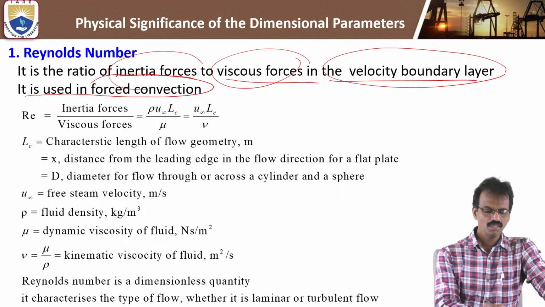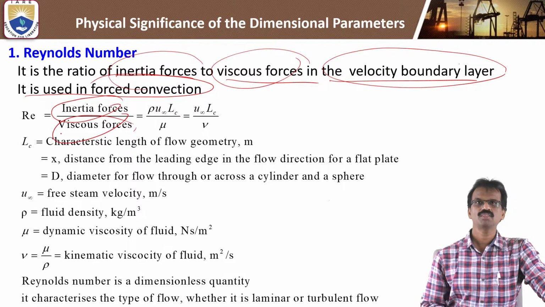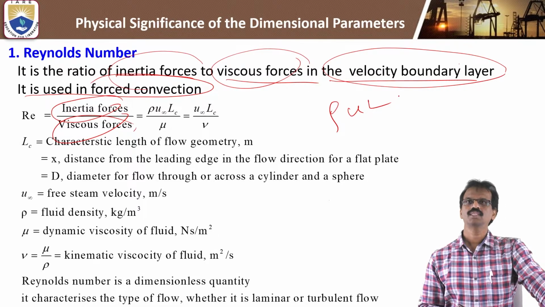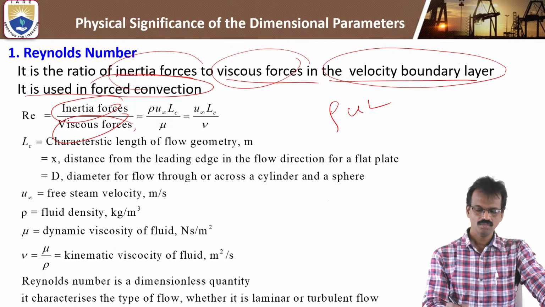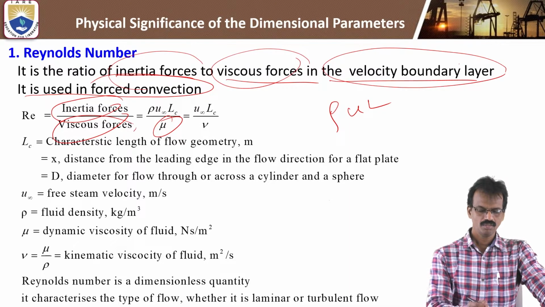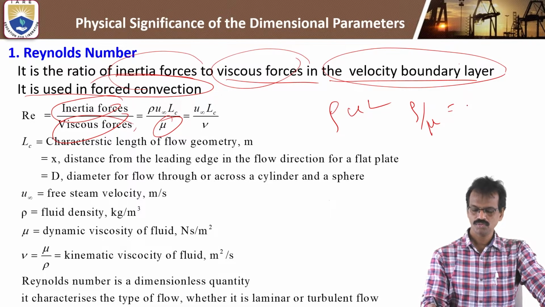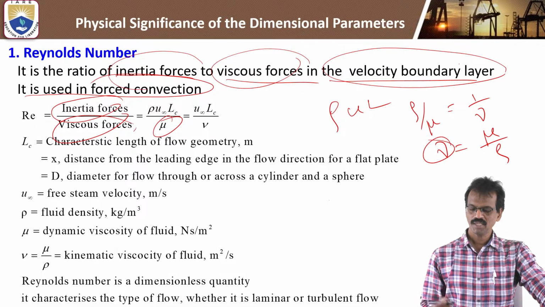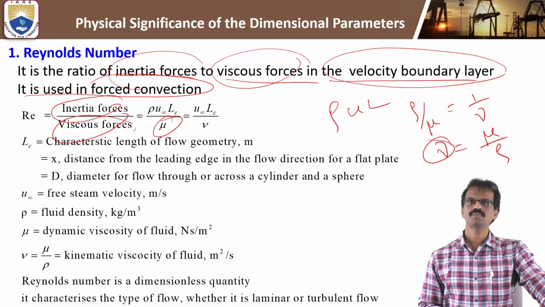Reynolds number is equal to inertia forces to viscous forces. Inertia forces are nothing but rho into velocity into length, the length of flow. The viscous force involves the dynamic viscosity mu. You know that kinematic viscosity nu is equal to dynamic viscosity by density, mu by rho.